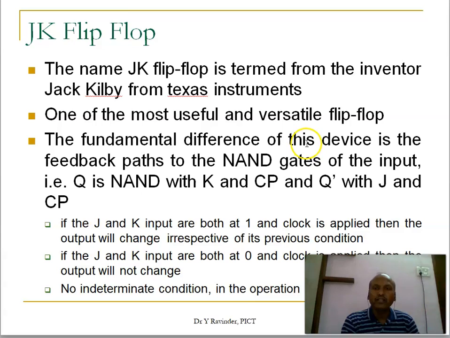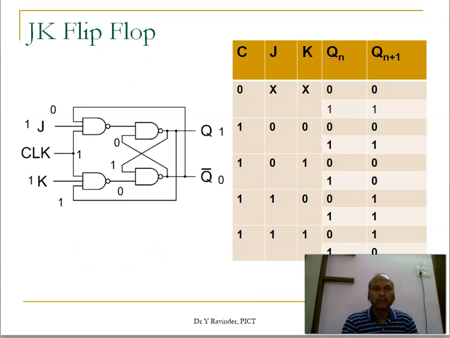So the fundamental difference of this device is the feedback paths to the NAND gates of the input. Q is NANDed with K and CP, and Q complement with J and CP, the clock pulse. That can be seen from here. Please see the difference between the SR flip-flop and the JK flip-flop.